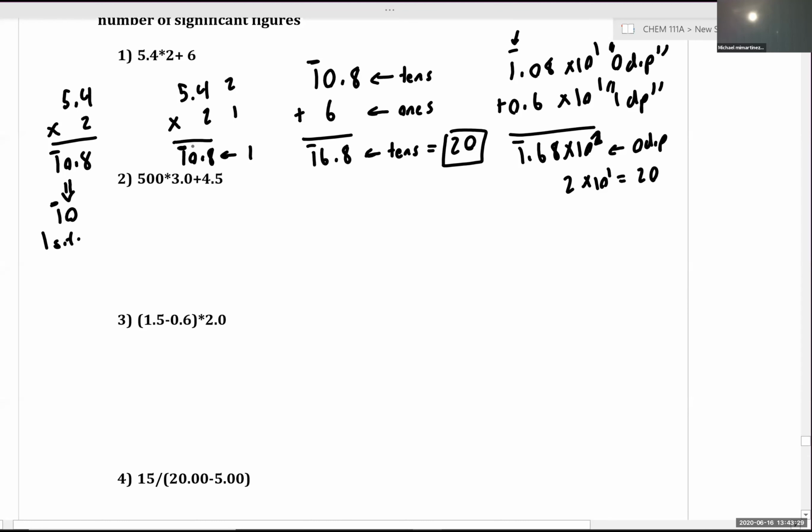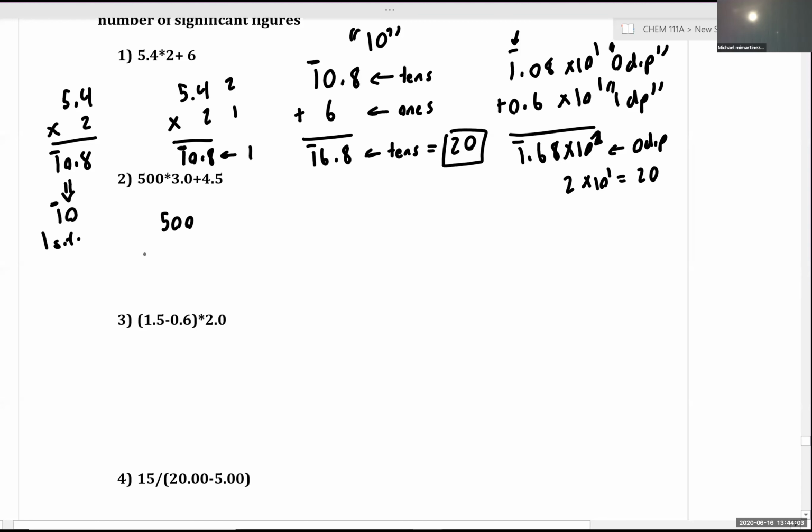So we put the bar in front of the 10, and then we note that from this point onward, this 10.8 can functionally just be thought of as 10. It only has 1 sig fig. But we carry all of these digits through to avoid rounding errors. Does that make sense? Yeah. Okay, perfect.